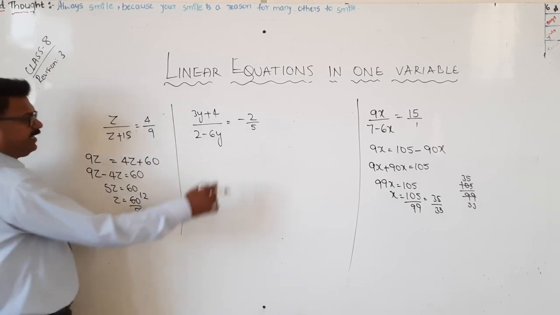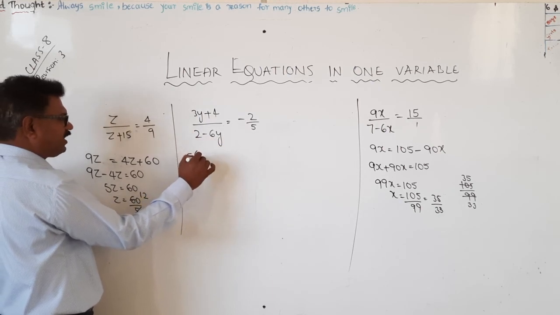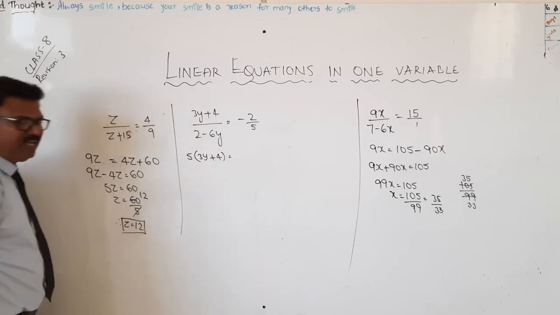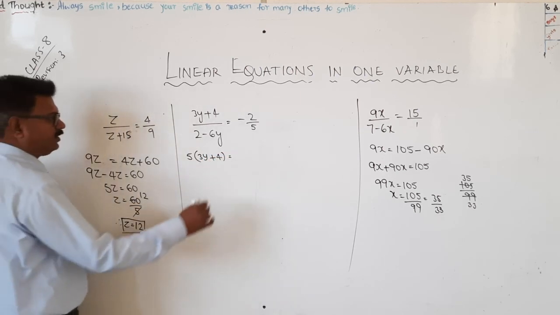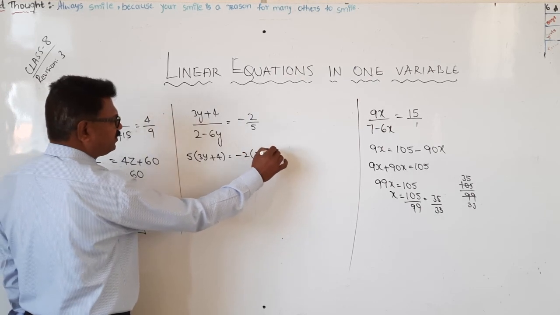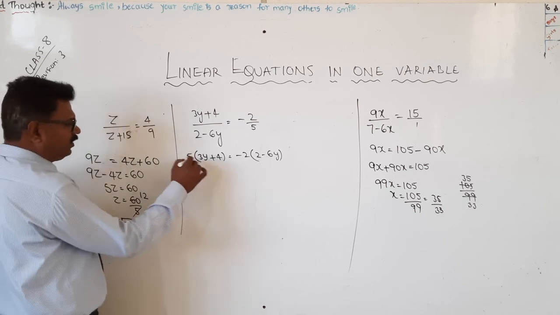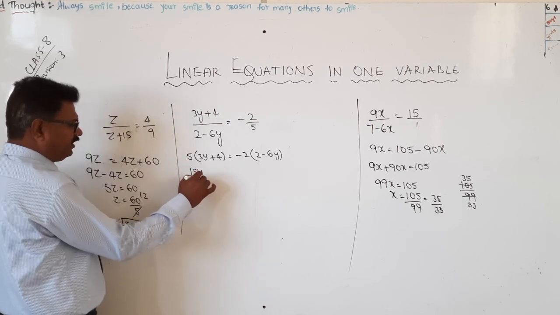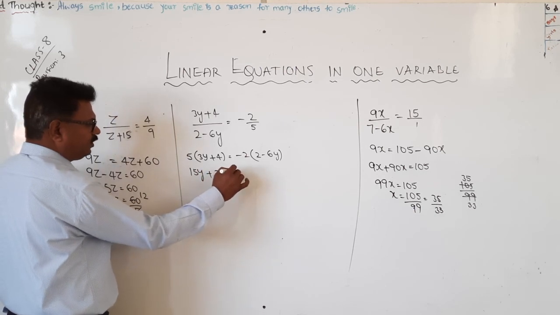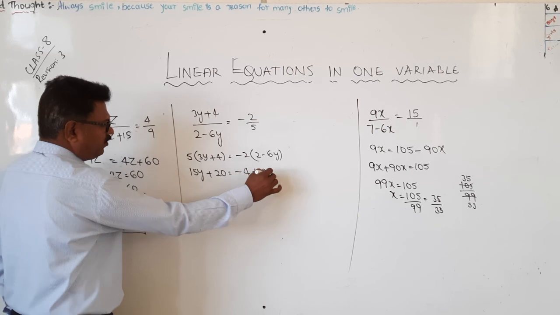Next, again cross multiplication. You can do it like this; you can write one extra step: 5 into (3y + 4) equals minus 2 into (2 - 6y). Now very simple. 5 threes are 15y, plus 5 fours are 20, equal to minus 4 plus 2 sixes are 12y.